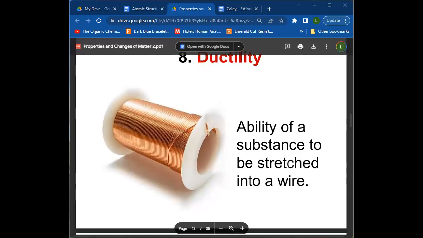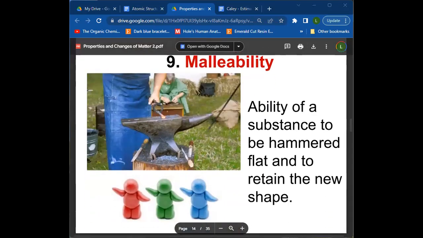Ductility is also a physical property, the ability of a substance to be stretched into a wire. So you do need to know what ductility means. And then malleability is the ability of a substance to be hammered flat and to retain its shape.